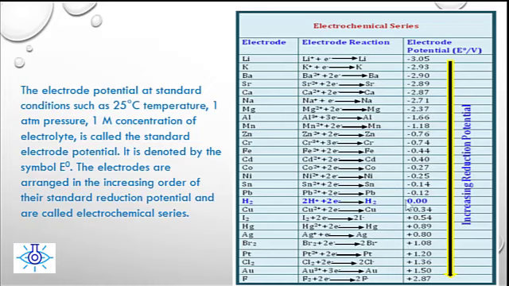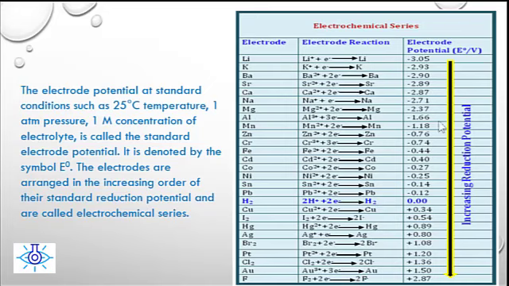From this table we can see that the standard electrode potential for fluorine is the highest. That means fluorine gas has the maximum tendency to get reduced to fluoride ions. Therefore, fluorine is the strongest oxidizing agent and fluoride ion is the weakest reducing agent.